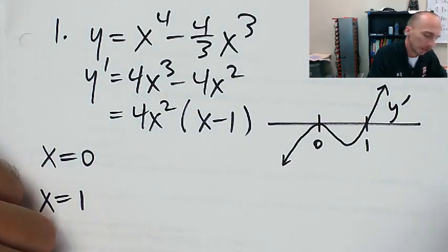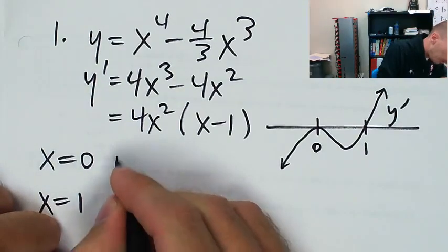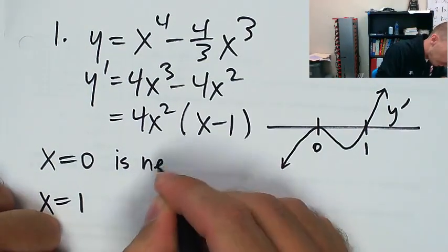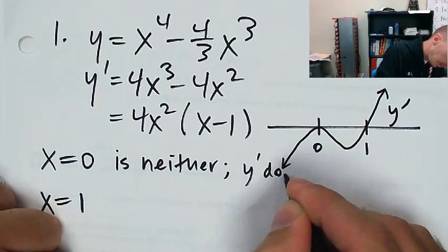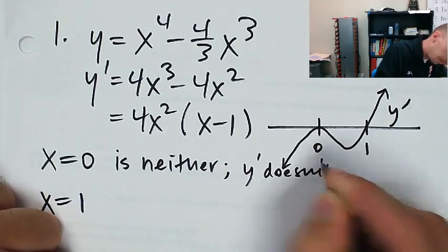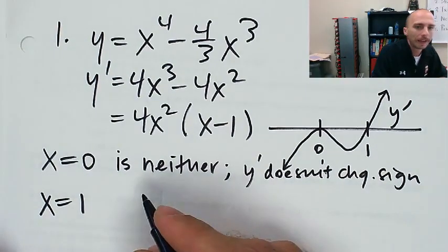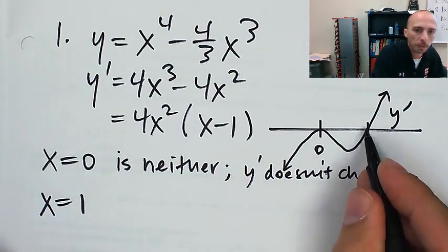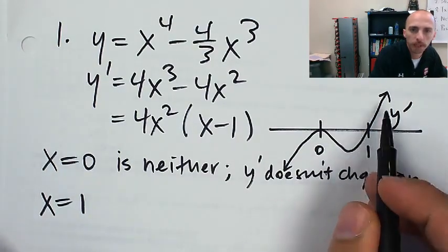In y prime, we saw no sign change at 0, so I would say x equals 0 is neither. Y prime doesn't change signs. Okay, x equals 1 is going to be the location of a relative minimum because the graph of y prime goes from negative to positive.